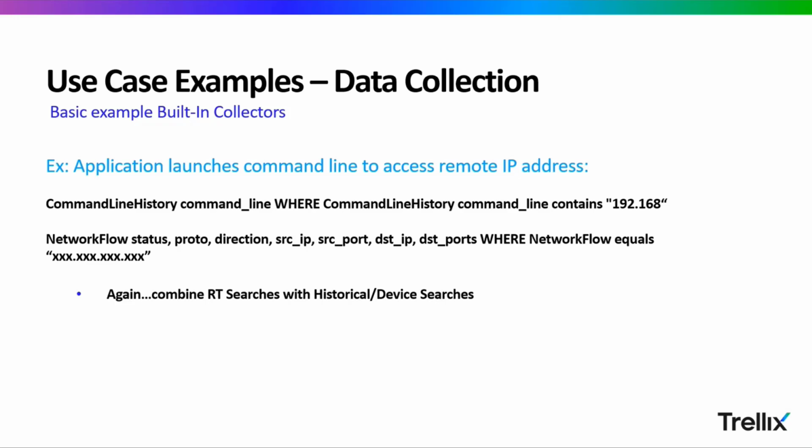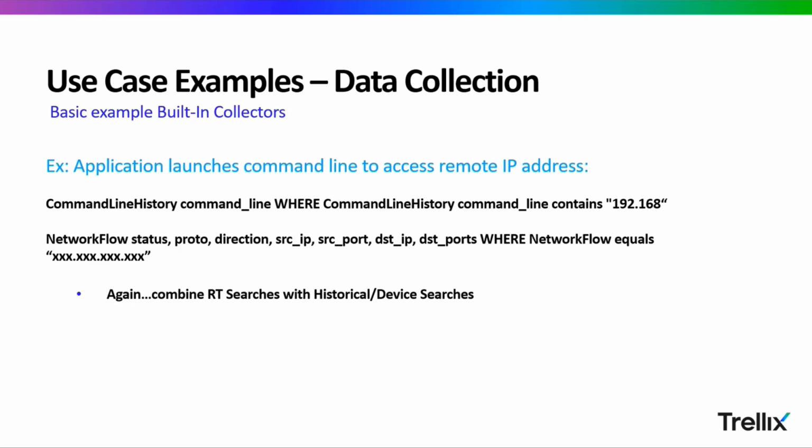Yet another built-in collector example would be using our network flow. Now, in this case, network flow is a feature that must be turned on as a part of your EDR client policy. So if you're not actually using network flow in your client policy, you won't get the ability to run this collector.